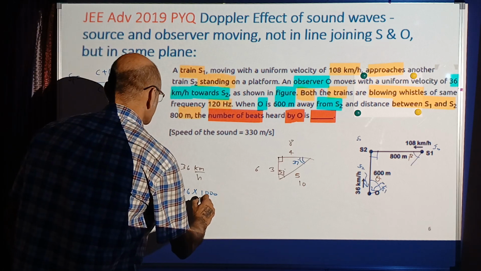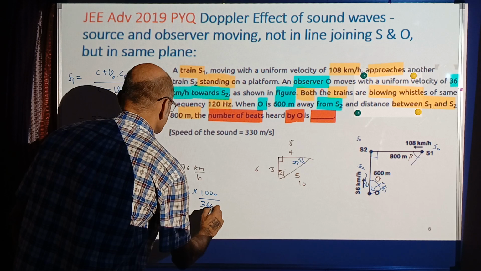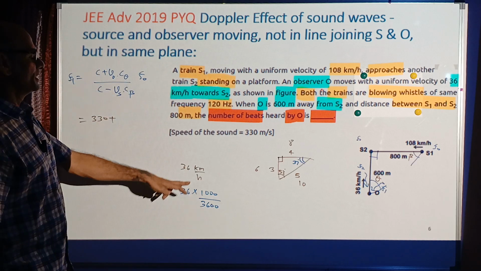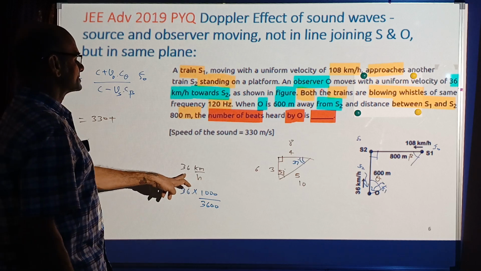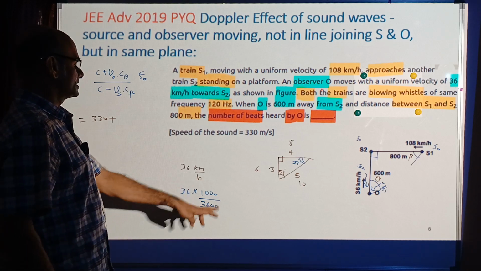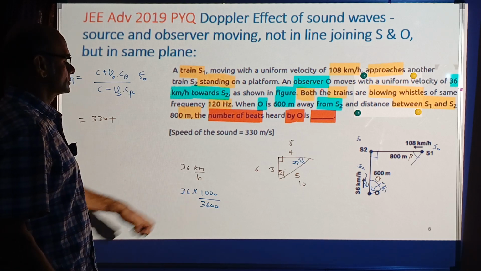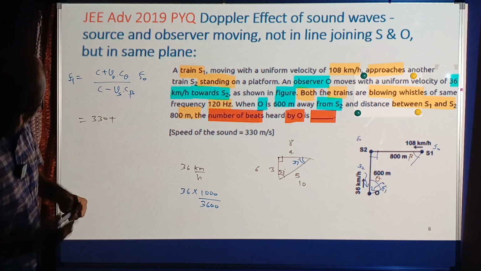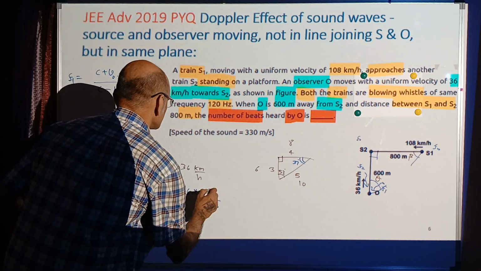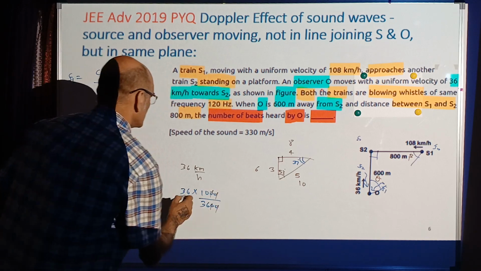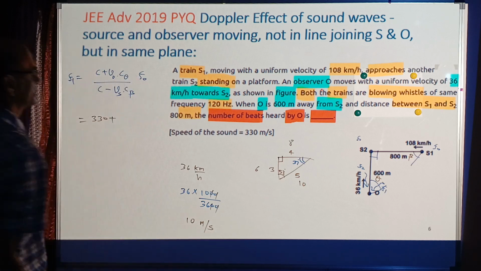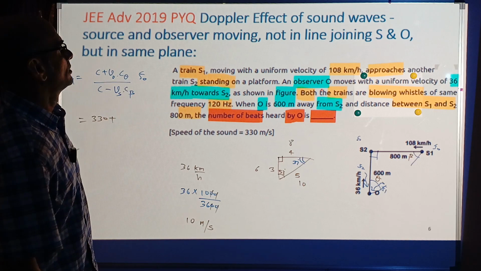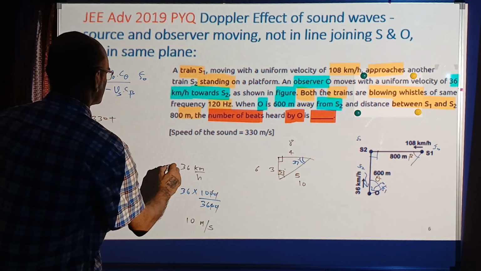So per second will be less by a factor 3600. Kilometer to meter will get multiplied by a factor 1000, will become more. Per hour, this much per second will be less by a factor 3600 because in 1 hour there are 3600 seconds. So this is 10 meter per second. This is the velocity of observer.